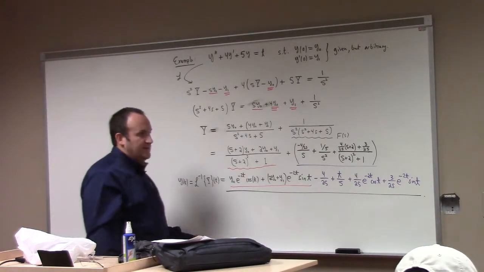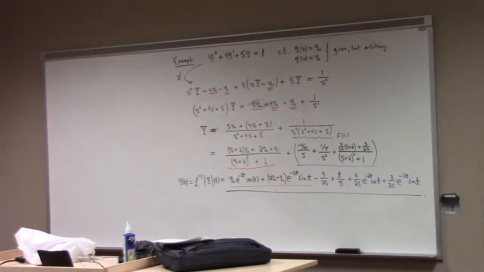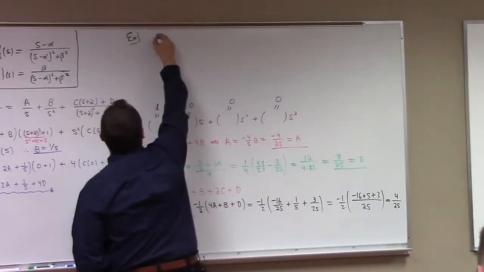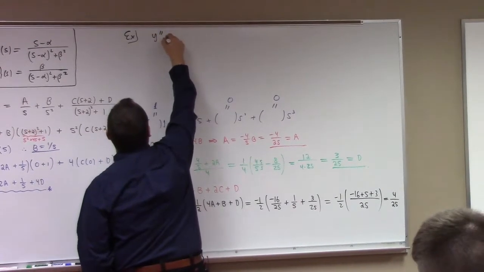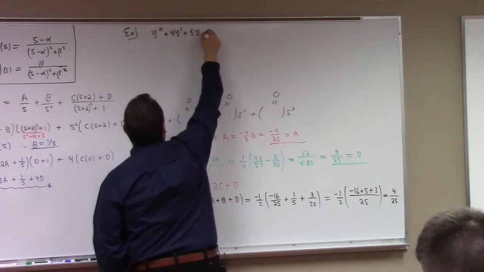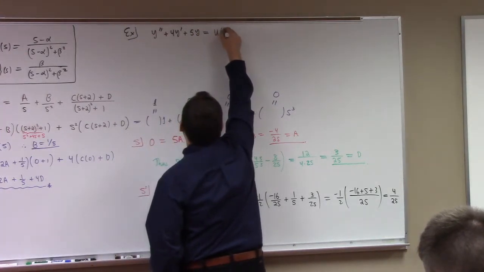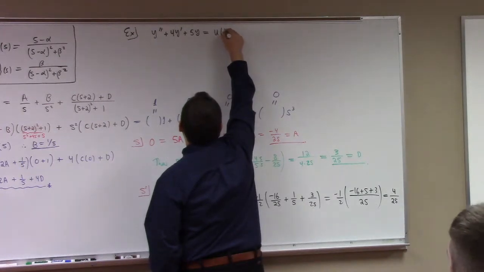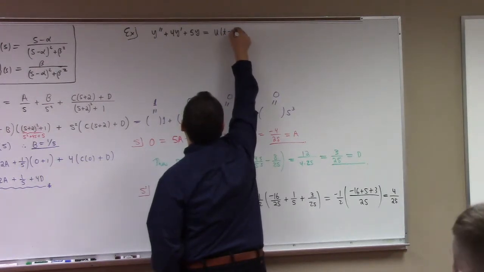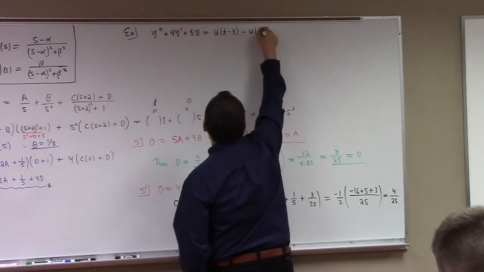It seems to me we could solve an associated problem. Let me do that. Suppose you wanted to solve y'' + 4y' + 5y equal to, I don't know, how about the unit step function u(t - 3) minus the unit step function u(t - 2).